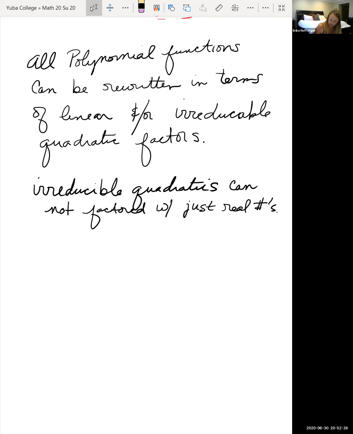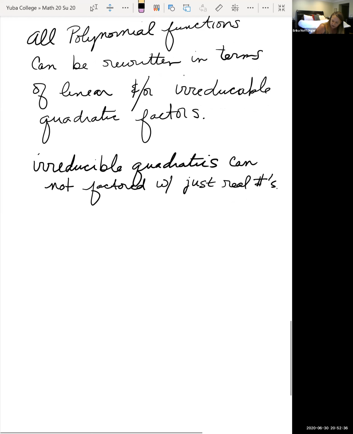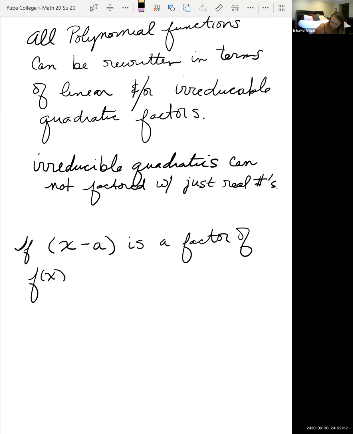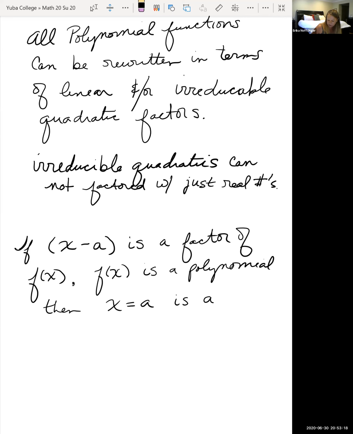And so let's do this. If x minus a is a factor of f of x, where f of x is a polynomial, then we say that x equals a is a 0, depending on what book you're looking at, or root of the polynomial.